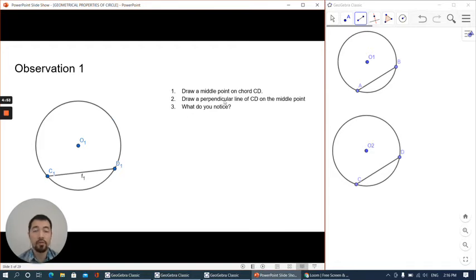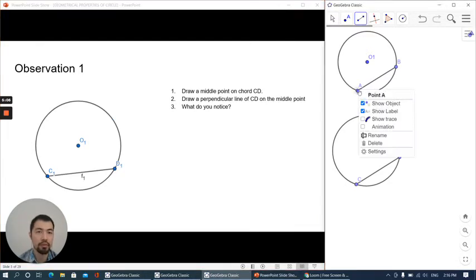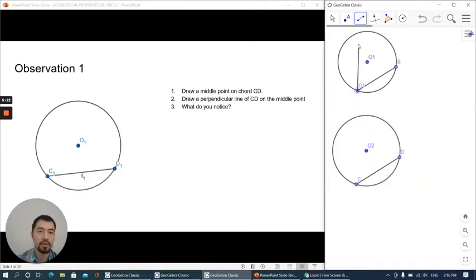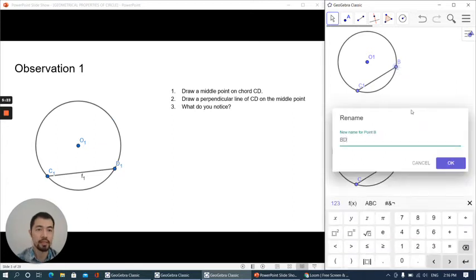Now, for the first one, for O1 here, we are going to draw a middle point on the chord AB. Let's not confuse this, so I'm going to rename it C1, and the other end is D1.